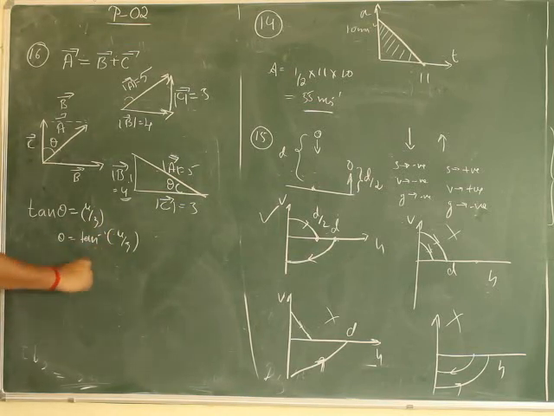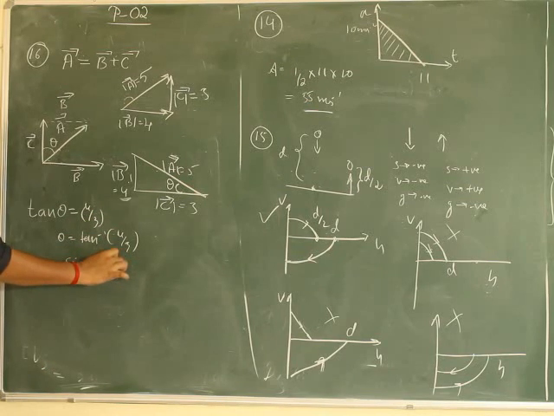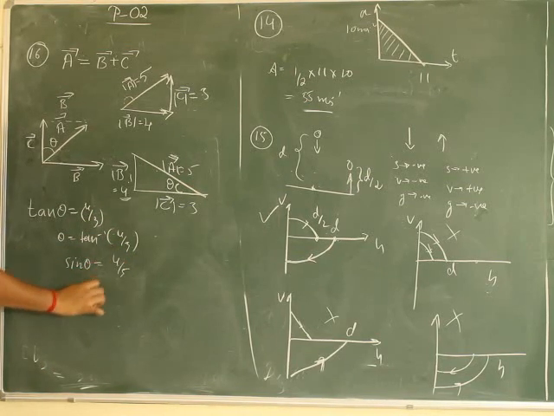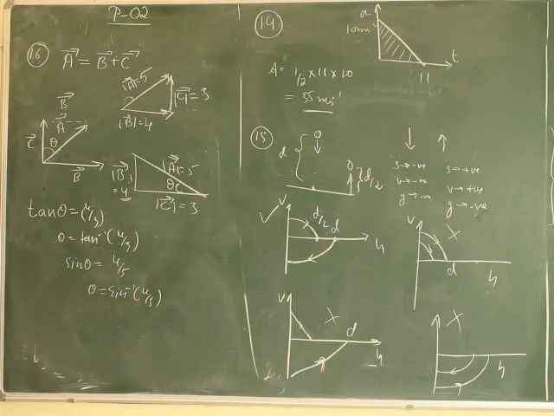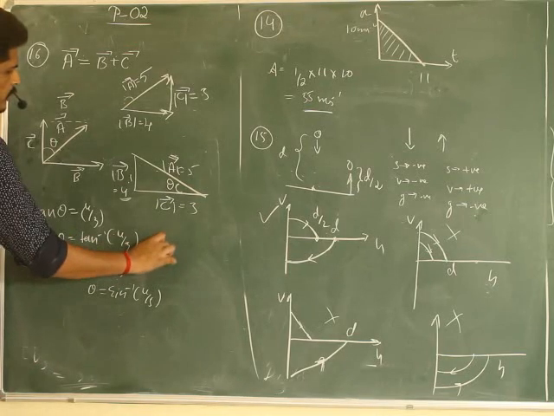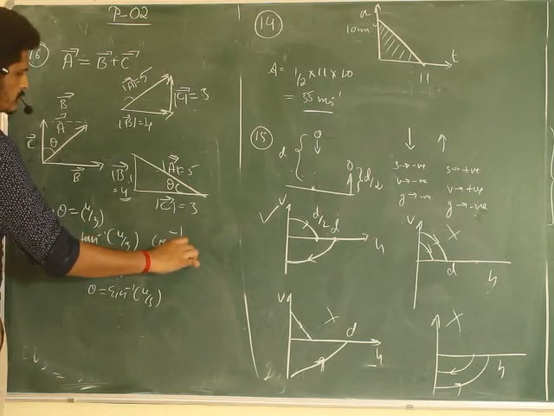No. I will go for sine. Sine theta equals opposite side by hypotenuse, that is 4 by 5, so theta equals sine inverse of 4 by 5. Is this option there? No, it is sine inverse of 3 by 4, which is wrong. So ultimately I go for cos. Cos inverse of how much?